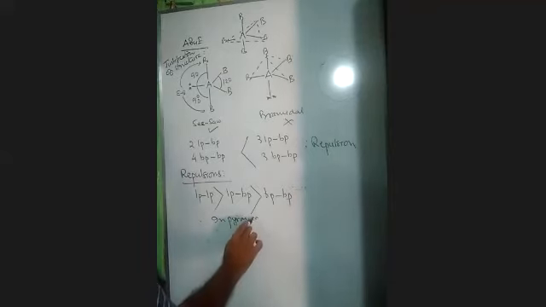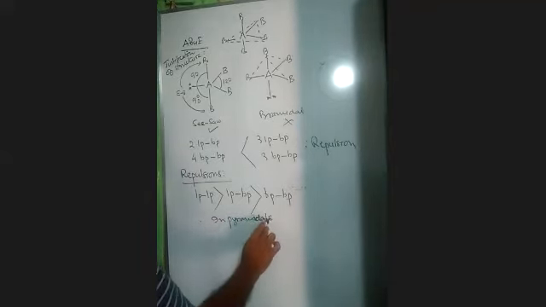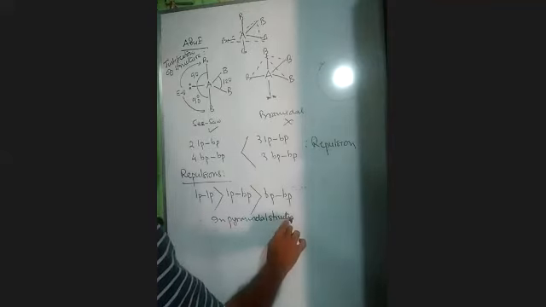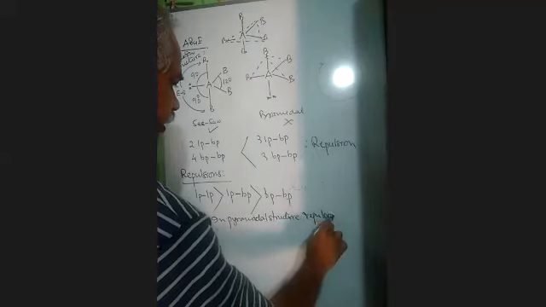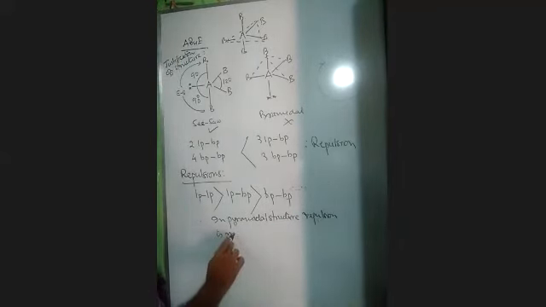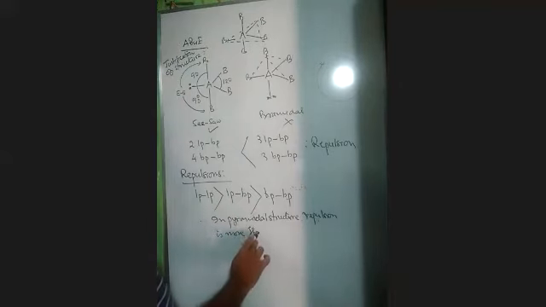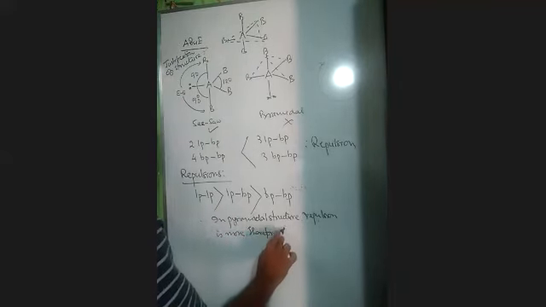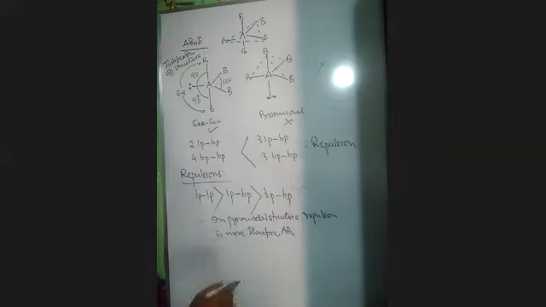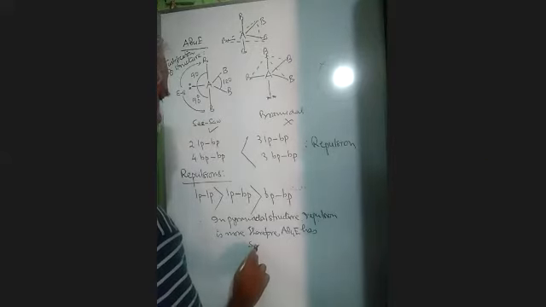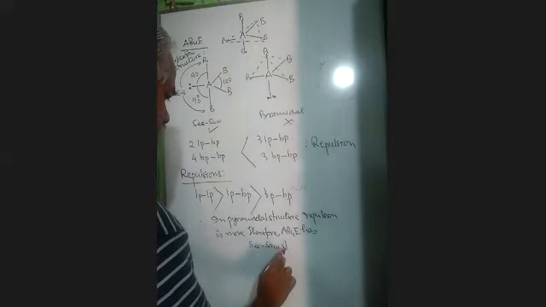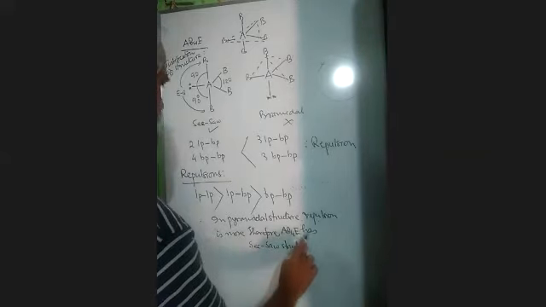Therefore, in pyramidal structure, repulsion is more. Therefore, AB4E has seesaw structure.